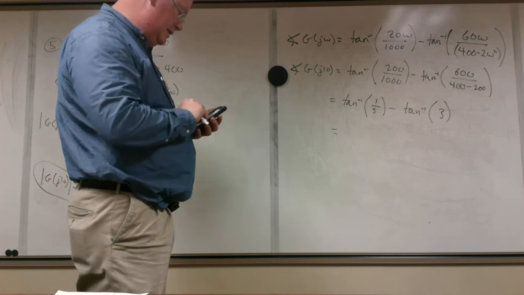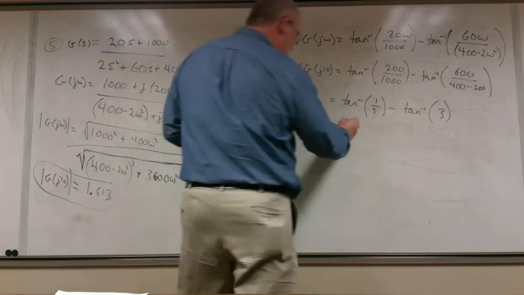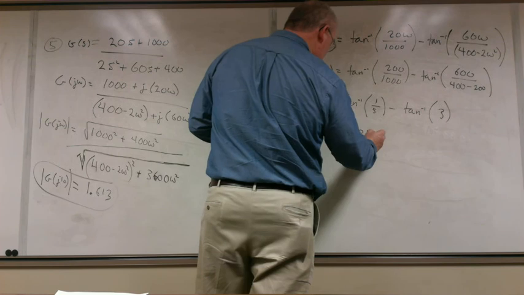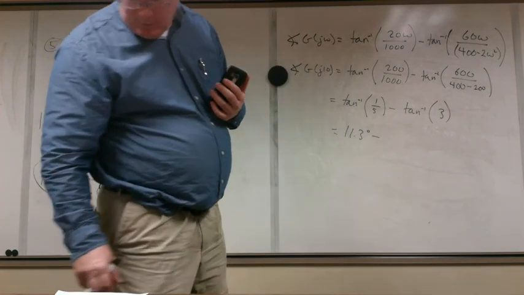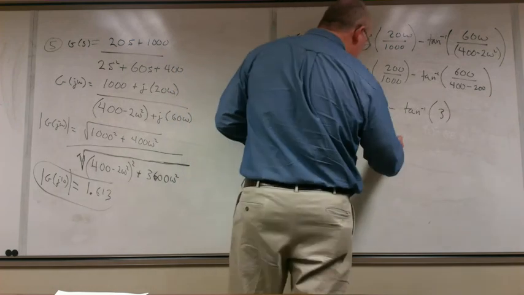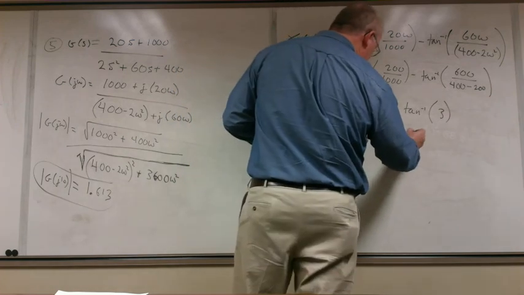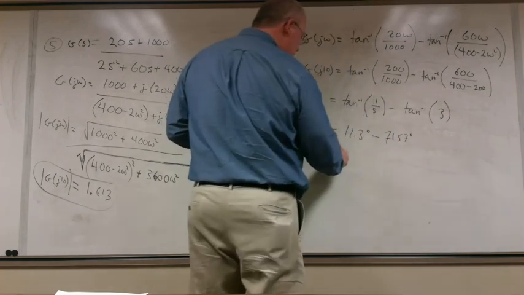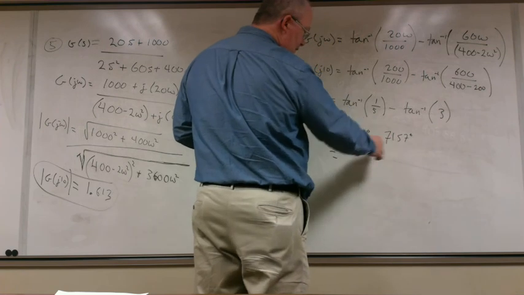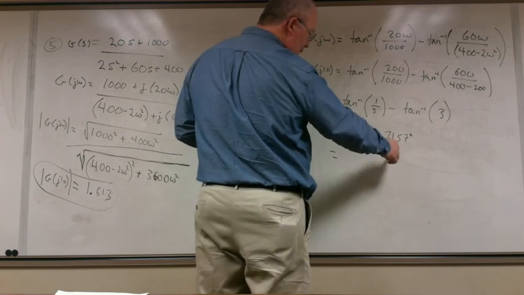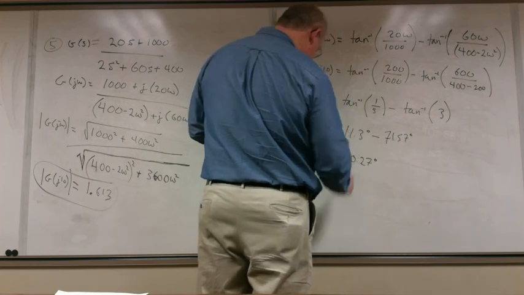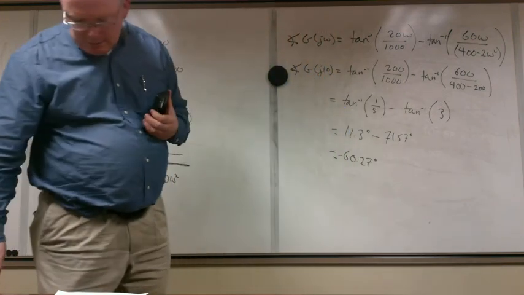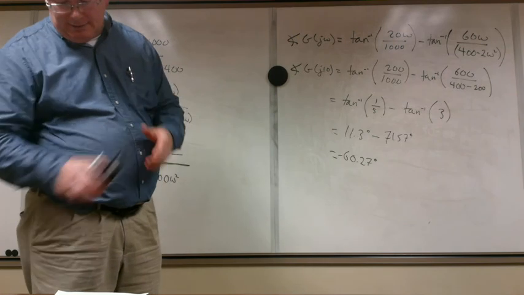The inverse tangent of that is 11.3 degrees, minus 71.57 degrees. So what are we going to get? 71.57 minus 11.3 is going to be 60.27 degrees negative. How'd I do? 60.26. I can live with that.